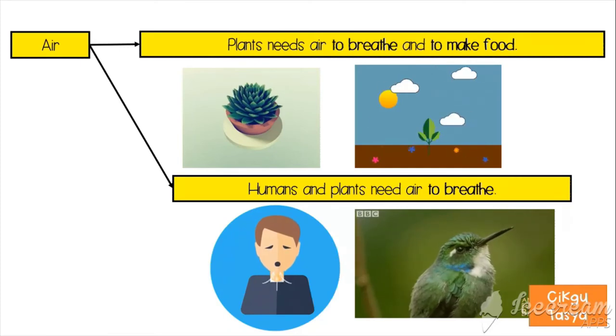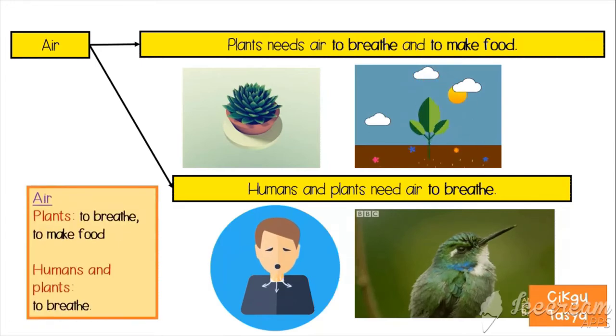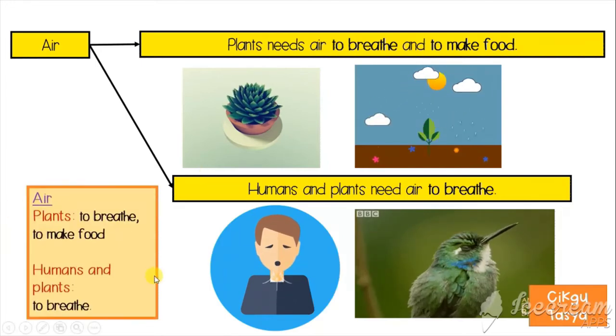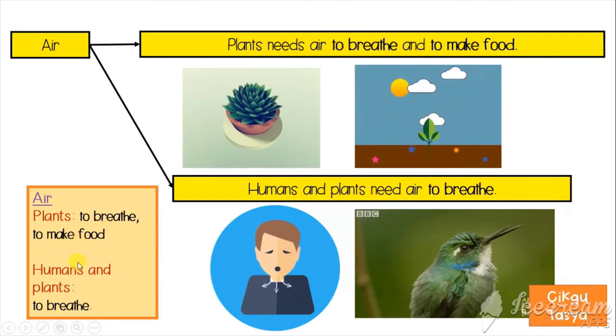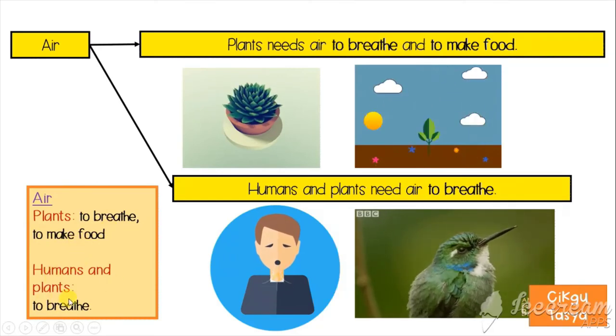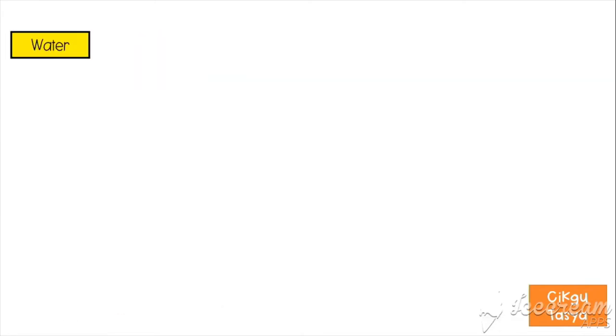So let's go back to the food and come to plants. Okay, let's recap here. Air: plants need air to breathe and also to make food, while humans and animals need air to breathe. Okay, the last one, water.